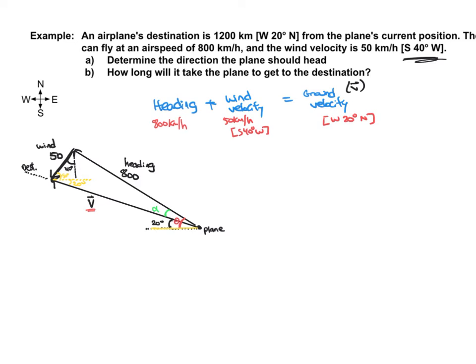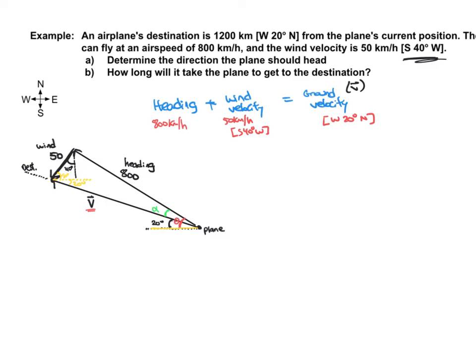All right, I am going to find angle alpha because I can use the sine law to do that. Alpha is opposite to the side length labeled 50, and then the 70 degrees in yellow that I've just identified is opposite to the 800 side. So I actually have 3 out of 4 values there.